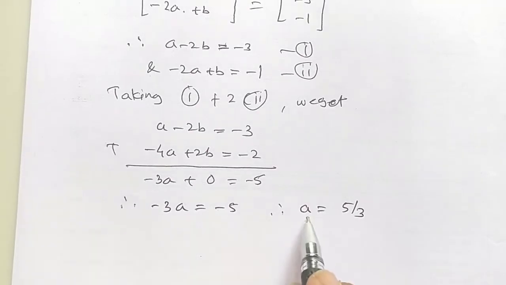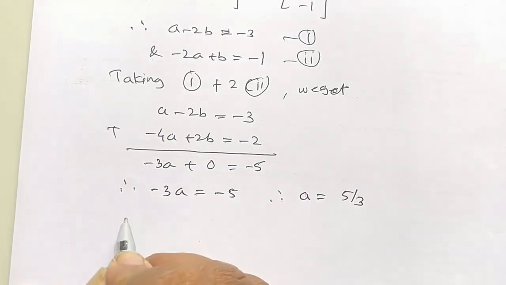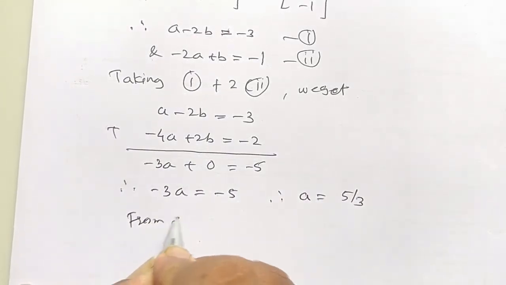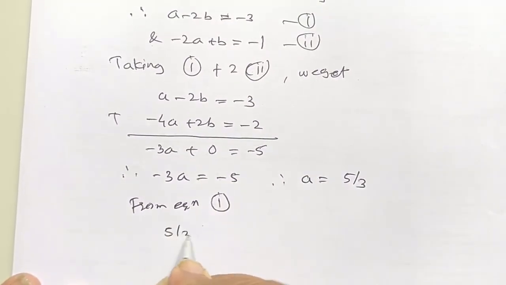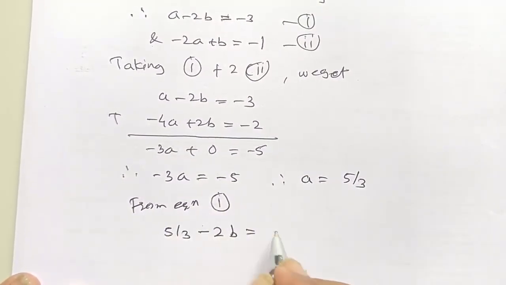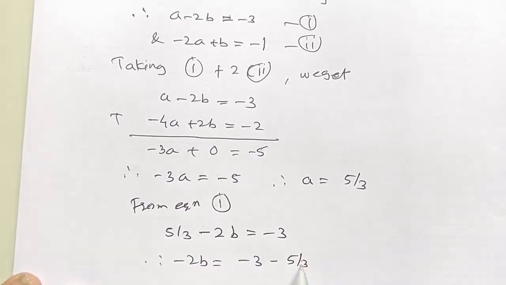Now, putting the value of A in equation 1, we get the value of B. Therefore, from equation 1, A is 5 by 3, 5 by 3 minus 2B is equal to minus 3. Therefore, minus 2B is equal to minus 3 minus 5 by 3.